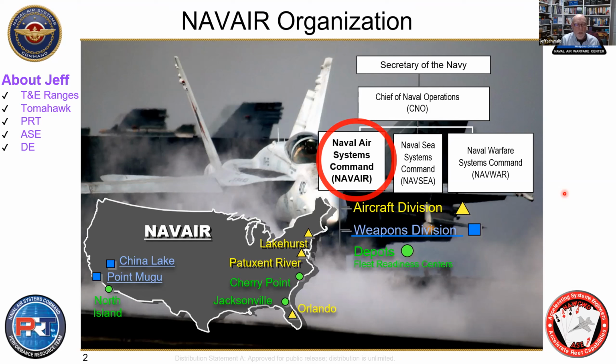And at Pax River, out on the East Coast side, you see Pax River and Lakehurst. Between those two sites, they're the aircraft division, and they're the ones that certify those platforms that we integrate the weapon systems for. Together, we present the warfighters with successful, capable systems that they can go out on a mission, be successful, and get home safely. That's what this is all about.